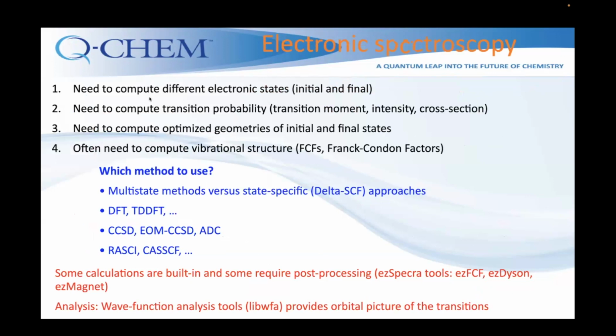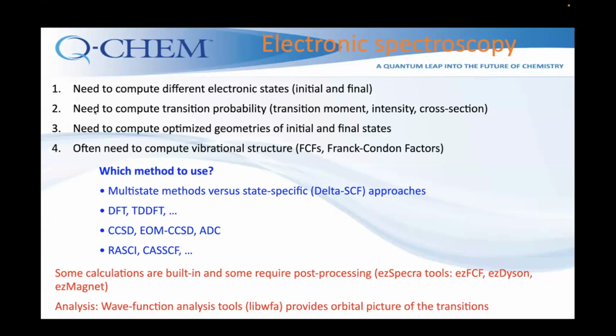Here is a list of issues one needs to think about if you want to do a calculation of some type of electronic spectroscopy. The first step, of course, is to understand what transitions it is probing. You need to figure out what the initial and final states are in your spectroscopy, and you need to be able to compute them for your calculations to be meaningful.